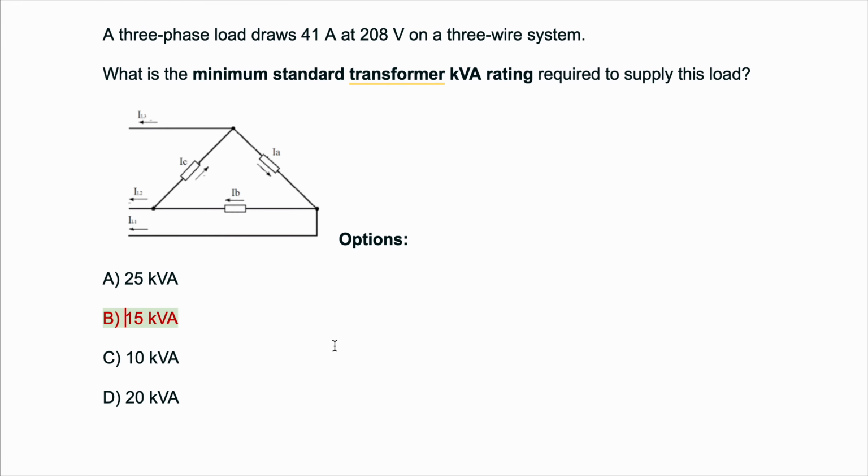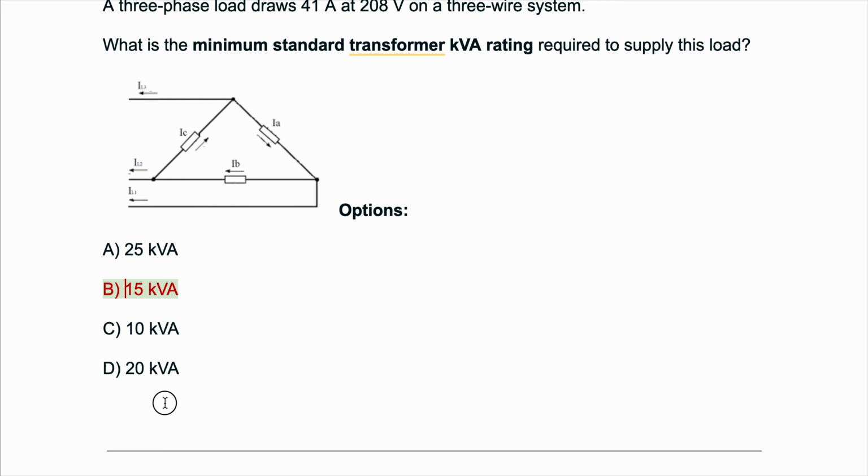And that's it. Let me write the equations. First of all, the ampacity of one phase is equal to 41 amp divided by 1.732, root of 3. So it was 24 amp.